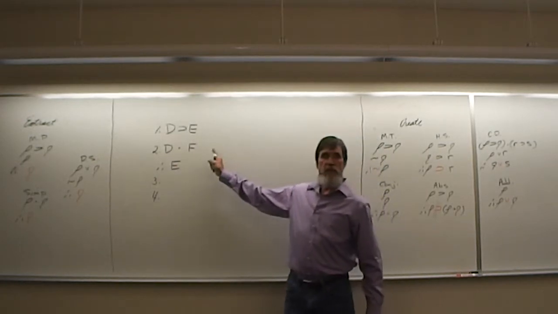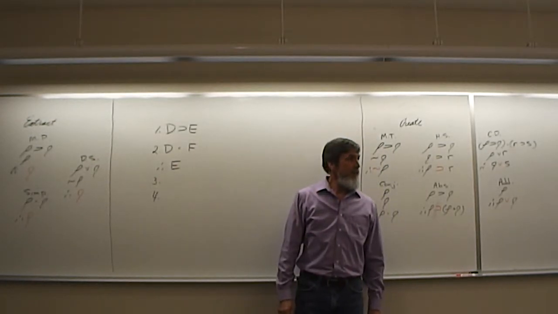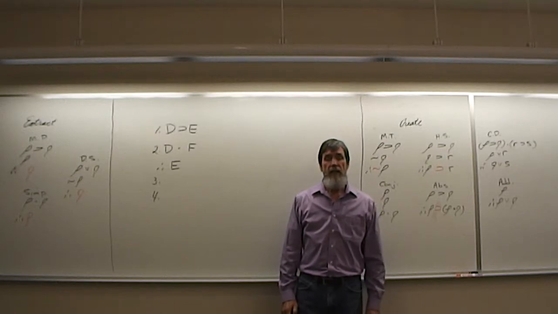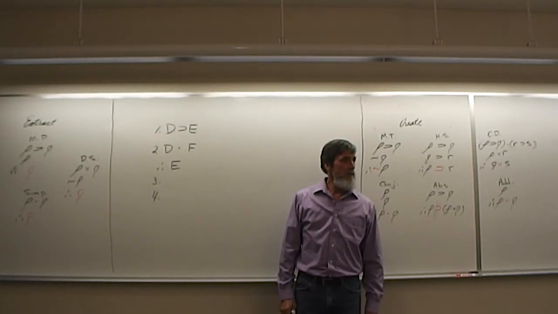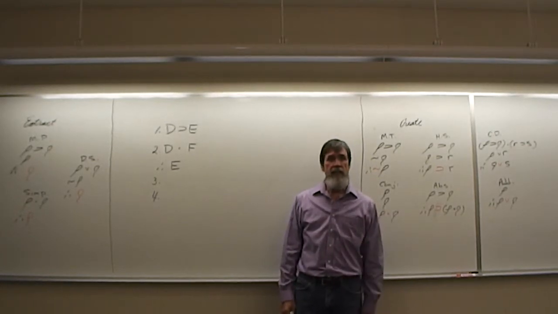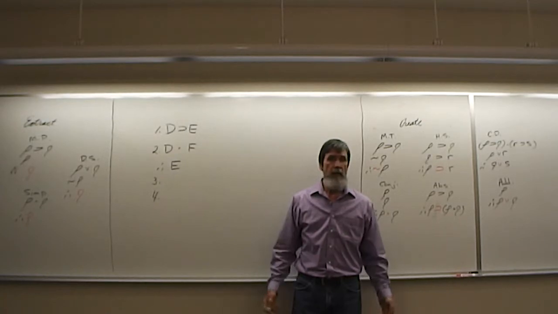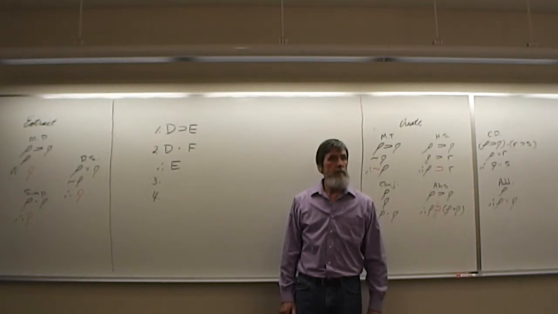And if we use that as the premise of simplification, what would our conclusion be in that case? D. Now, simplification only has one premise. We should all know that I could have D anytime I want it. It's waiting to be happy.